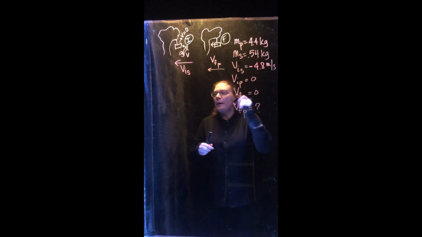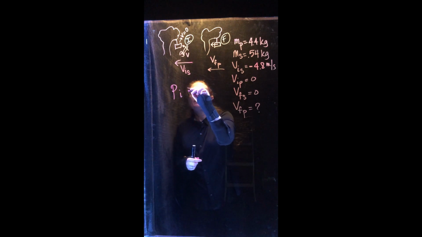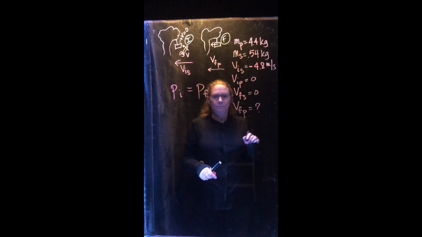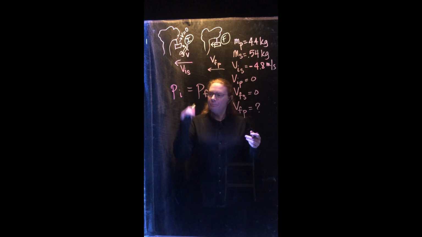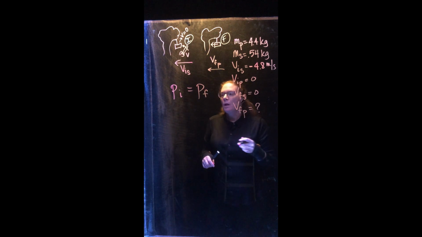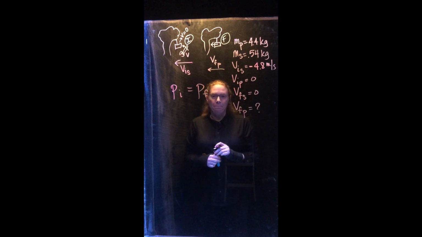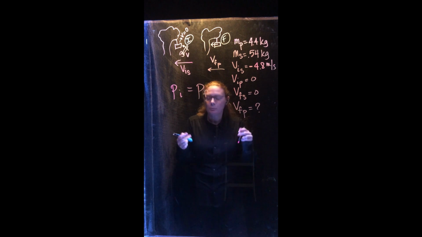Okay. P initial equals P final. That is the conservation of momentum. Initial momentum, final momentum. So what is the initial momentum? Well, we have two objects, so we have to take into account both of those momenta, which is the plural.